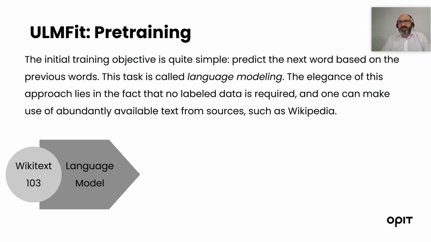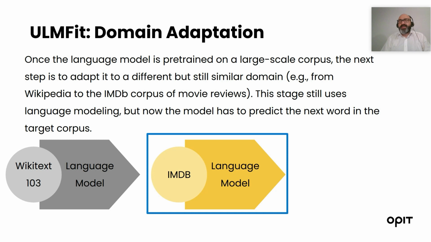The elegance of this approach lies in the fact that you don't need labeled data, because you need to predict the next word, and one can make use of the very abundant text available from several sources, for example, Wikipedia. A subsequent step is domain adaptation.